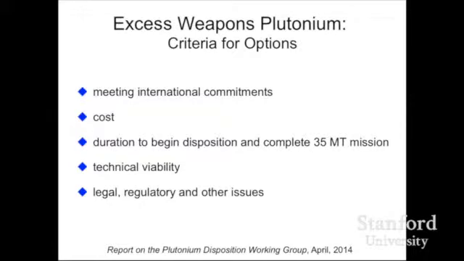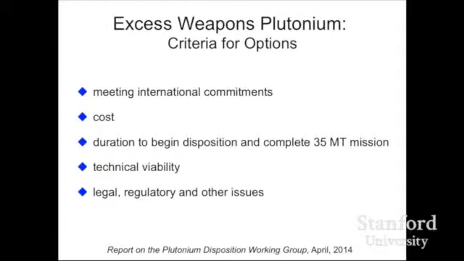The working group has issued their first review, and these are the criteria. Meeting the international commitments, the cost, which was so difficult to estimate in the first place, whether we'd be able to complete the mission, technical viability, legal, regulatory, and other issues.